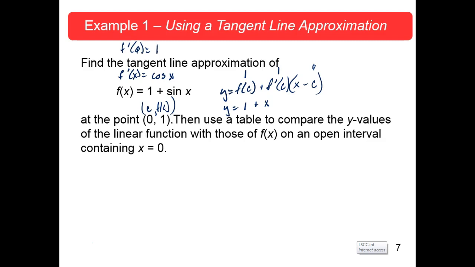Now, it says use a table to compare the y values of the linear function with those of f of x on some open interval containing x equals 0. Let me give you a hint. Don't use an x greater than, say, pi halves, because you're going to be way off. Keep it pretty close, like 0.1 or something like that.